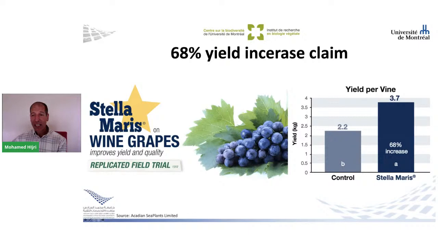This is not a fertilizer. It is a complement of fertilization, and I was really curious to see how that works. Acadian Seaplants didn't really know the mechanism by which this seaweed extract acts on plants.